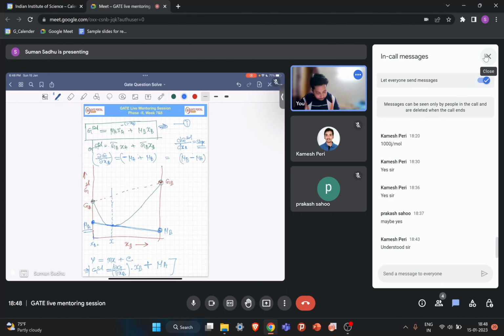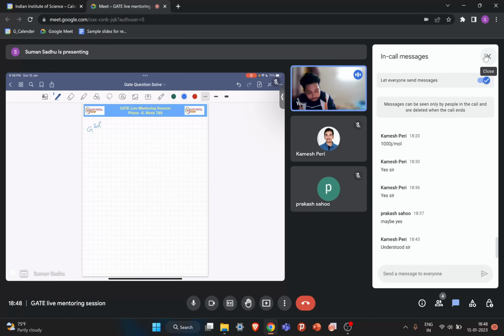Now if you put the value of the slope here, we get G of solution: basically the slope is mu B minus mu A, into xB, plus mu A. If you rearrange, you get 1 minus xB into mu A plus xB into mu B. So basically we are getting the same equation.